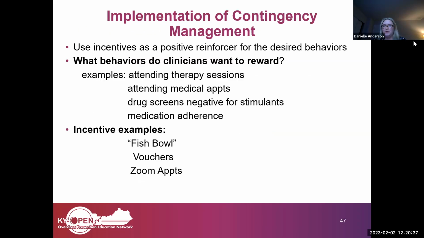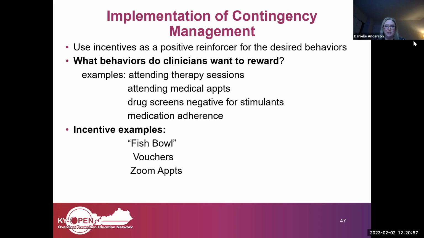Again, contingency management, it's difficult to have practical use in our clinical setting, but this is how it could work. We're going to use incentives to enforce positive behaviors. So what kind of behaviors might we want to reward?